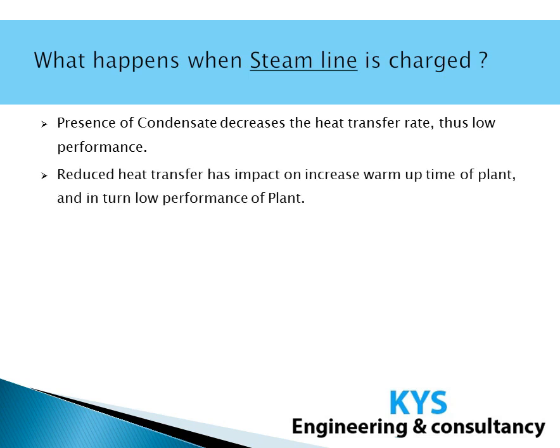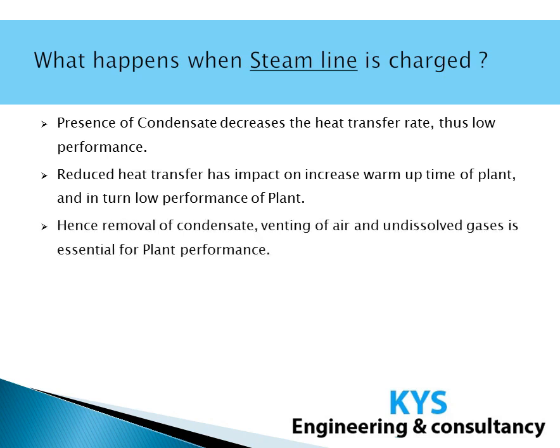Reduced heat transfer rate increases the warm-up time of the plant and hence reduces the performance of the plant. This is why removal of condensate and venting of air and non-condensable gases is an essential part of plant performance.